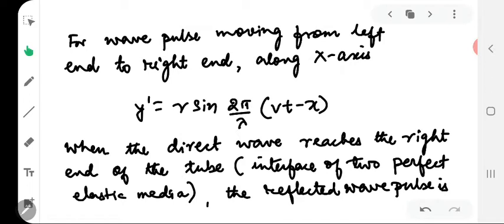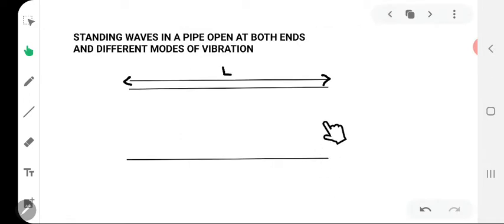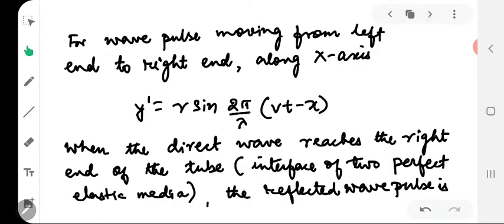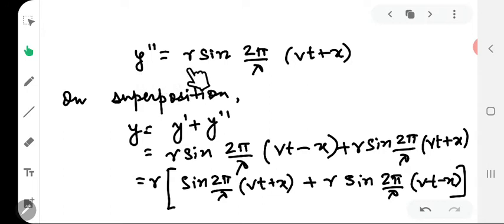When the direct wave reaches the right end of the tube, this means the interface of the two perfectly elastic media, one medium being the air inside the pipe and the other being the air outside the pipe. Now, when the reflection takes place, the reflected wave pulse is described by the wave function y'' equal to r sin 2π/λ (vt + x).